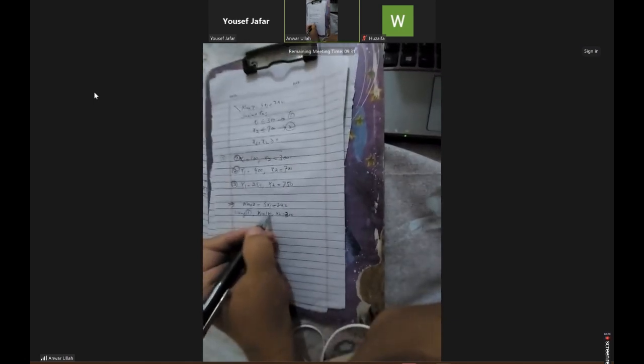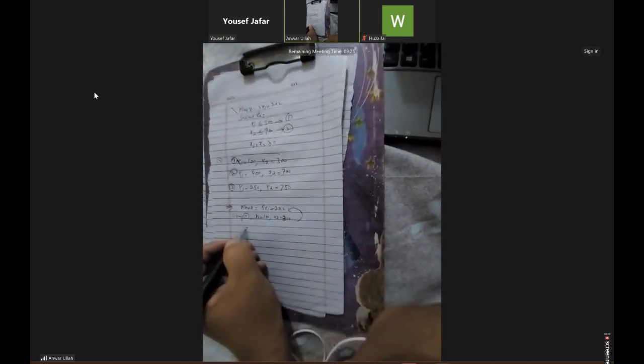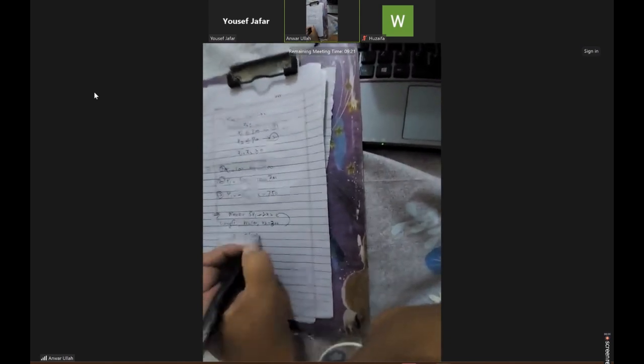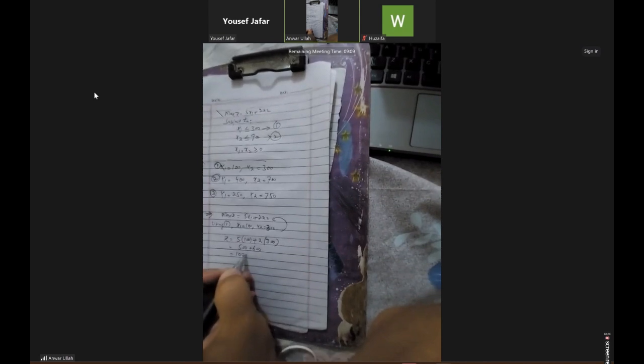Now putting the values of x1 equal to 100 and x2 equal to 300 into this function above, we see that z is equal to 5 into 100 plus 2 into 300. It is 500 plus 600. So the total profit is $1,100 for option 1.